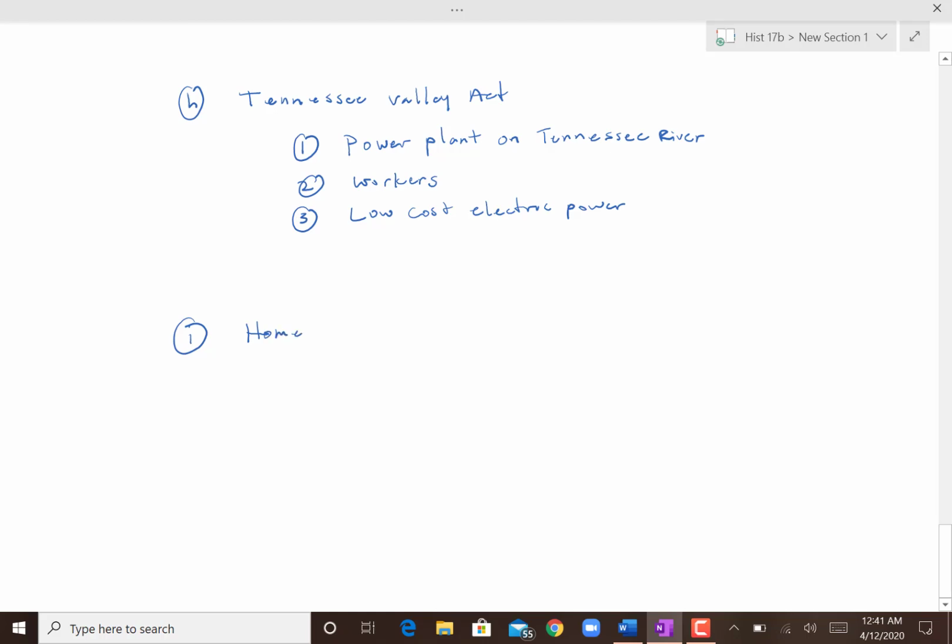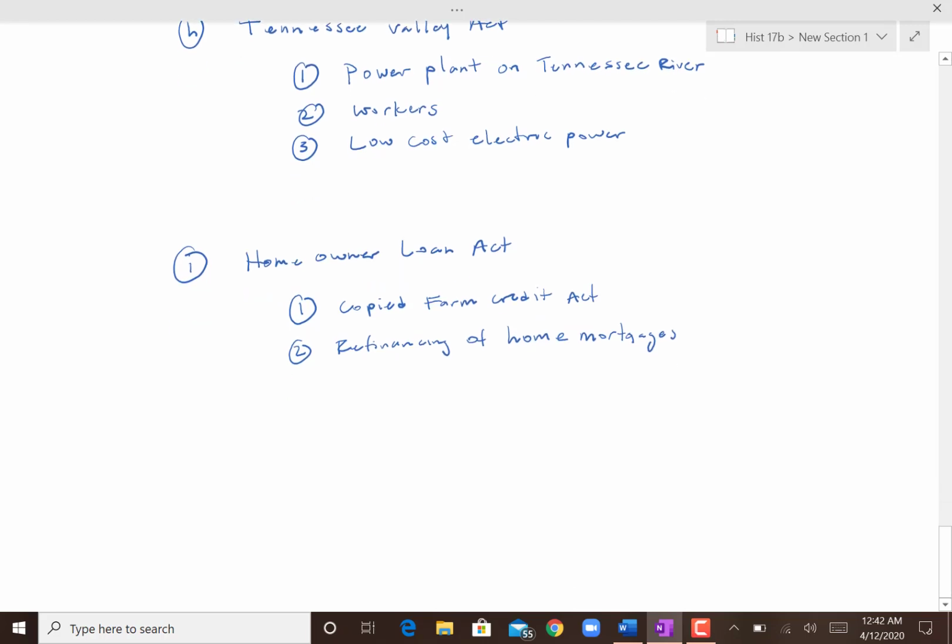After that, you have the Home Owners Loan Act, and they actually utilized the Farm Credit Act. They copied that, except this time it was for suburban homes. So you're looking at protecting the mortgages, allowing for refinancing of home mortgages, and trying to provide very low interest mortgages for 15 years fixed rate.